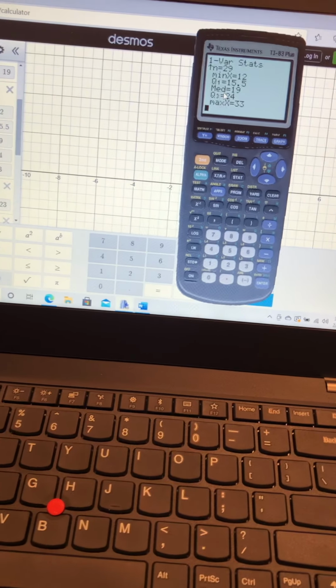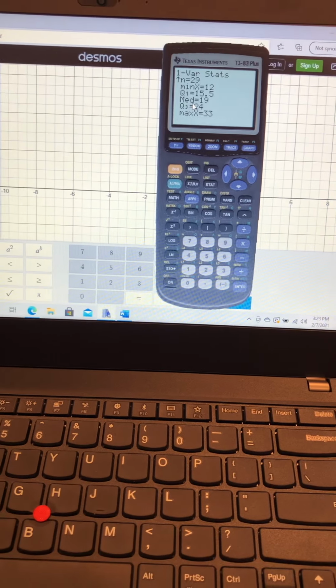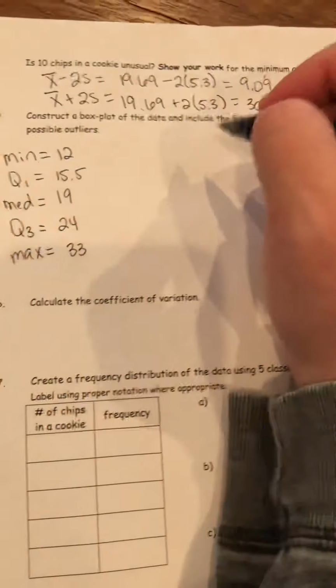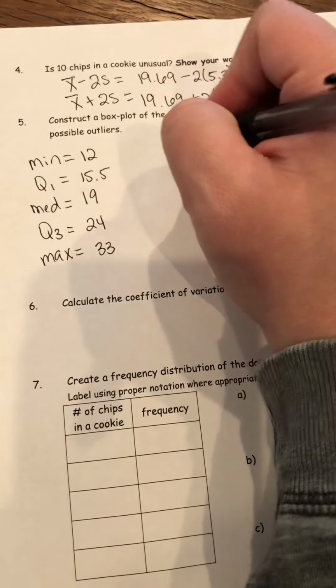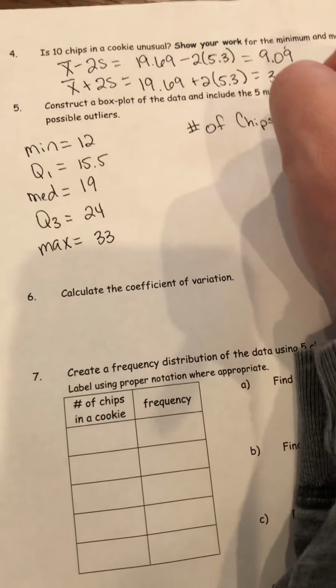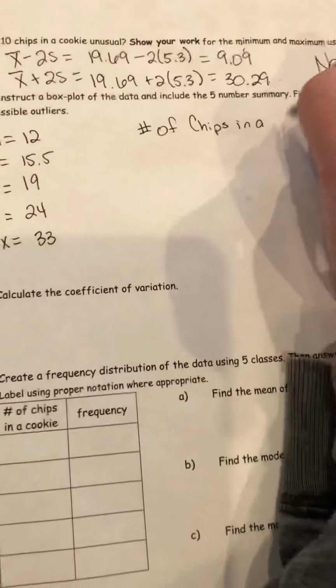Okay, so I'm going to draw a box plot, and we always want to title a graph, so we're going to say number of chips in a cookie is going to be my title.